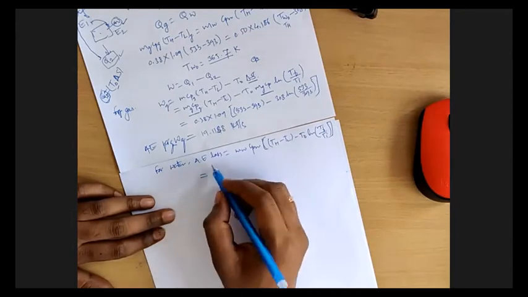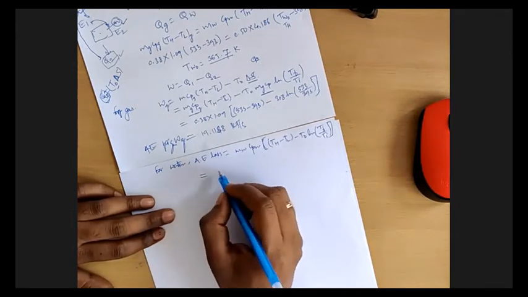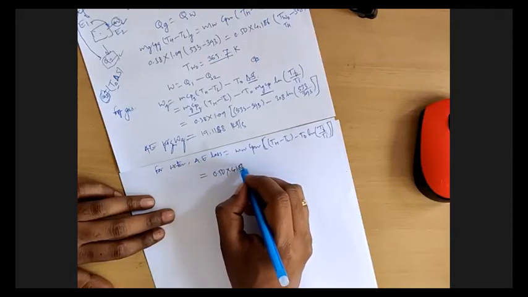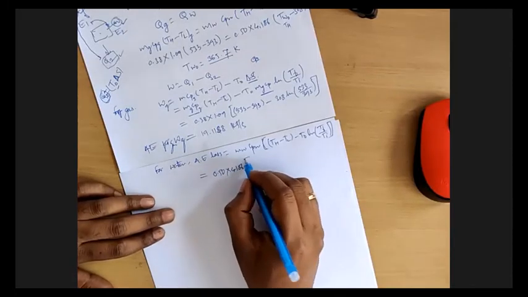Mass of water is 0.50, specific heat 4.186 into bracket.